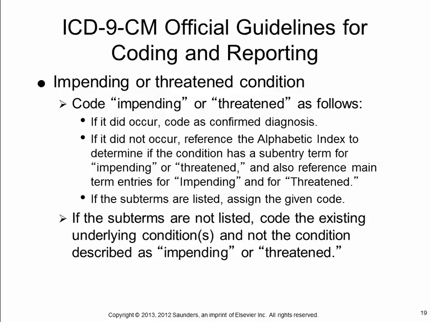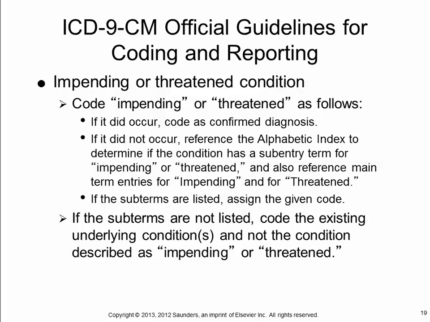Impending or threatened. We talked about this in class as well. When you are coding an impending or threatened condition, if it occurs, you code it to the confirmed diagnosis. So if you have an impending or threatened abortion and the mother miscarries, then you code the miscarriage.